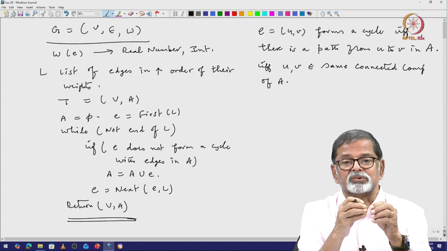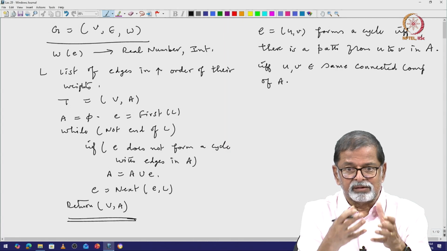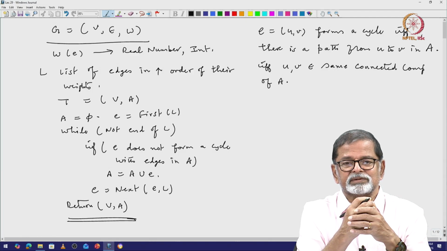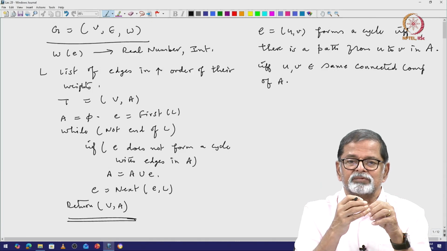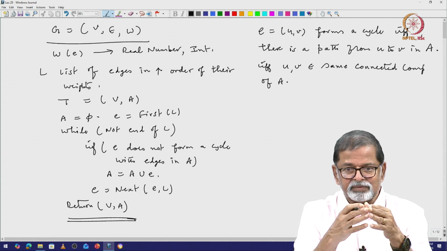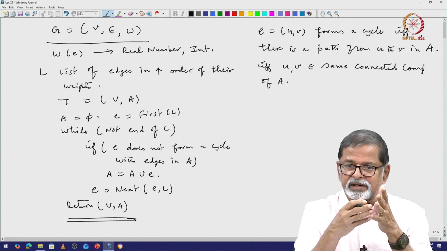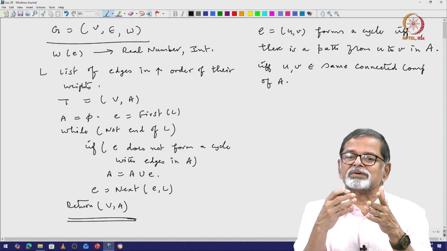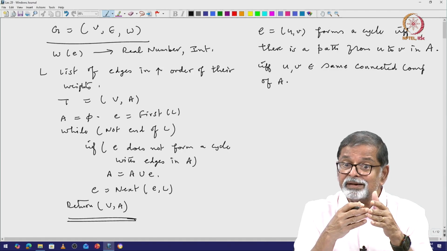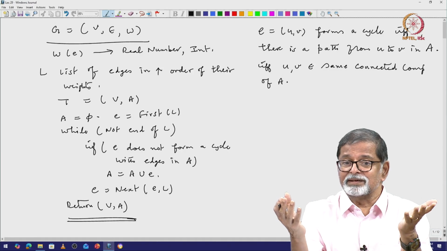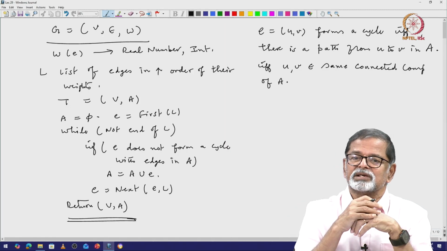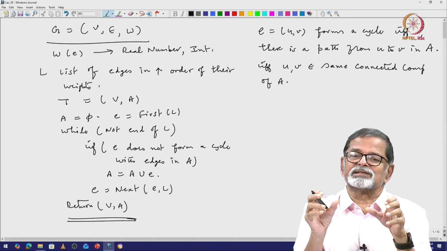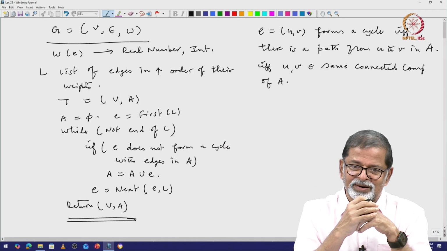So I need a mechanism to refer to and label the connected components, and then given a vertex we have to report which connected component it is in. So, I find the connected component containing U and the connected component containing V. Are they the same or different? When I answer that question, I will be answering the question whether E is going to form a cycle or not.